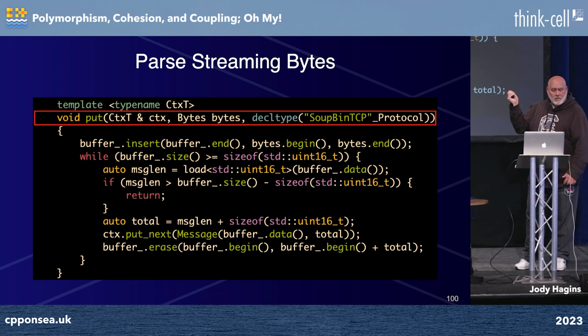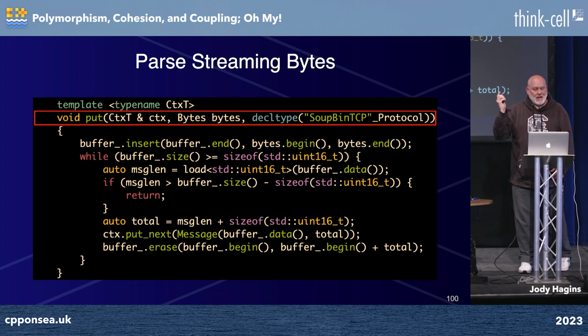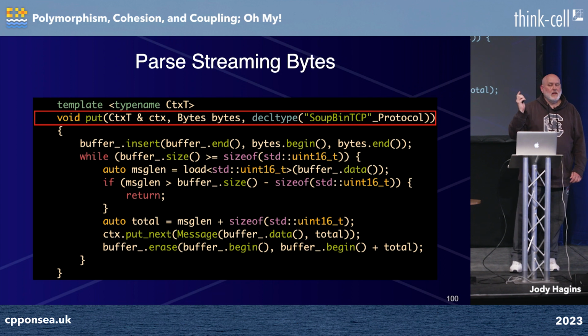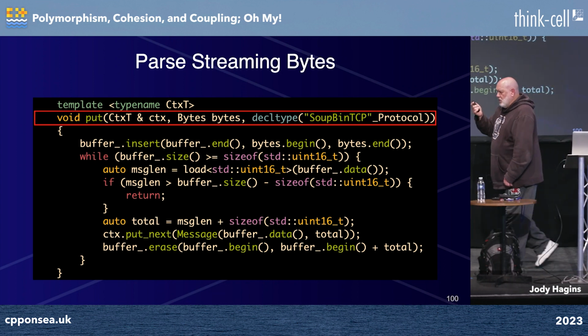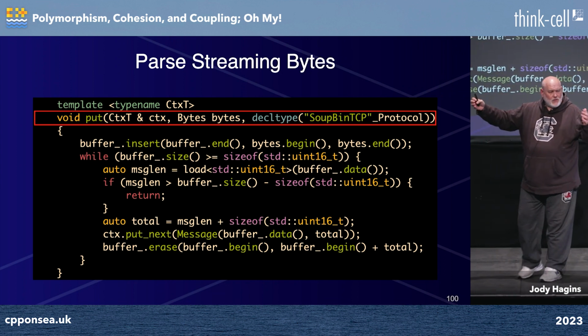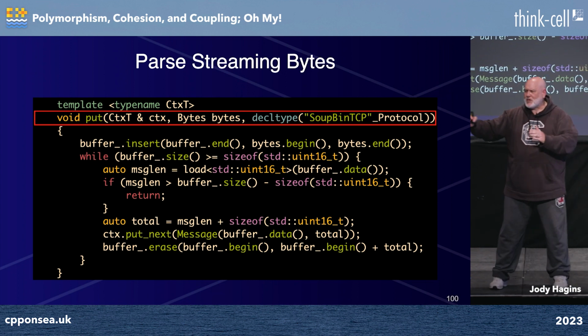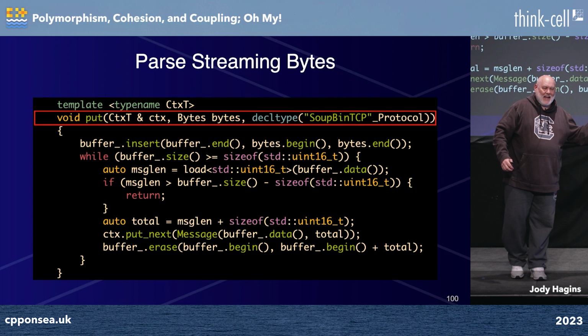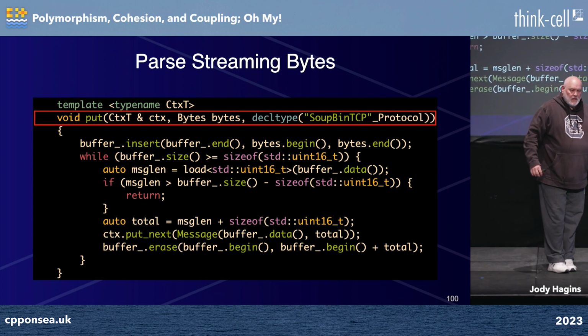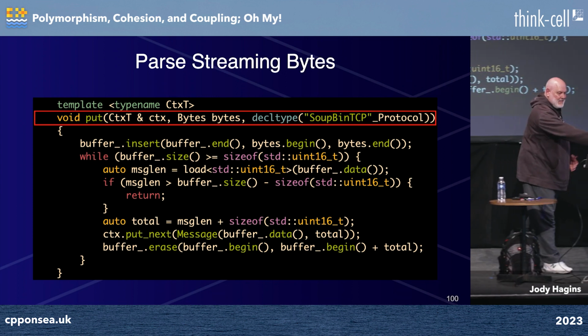And notice this here. It takes the decltype of SoupBinTCP. Remember the long thing that we had to do with decltype in that example earlier, where we had to say decltype, do you have this compression flag? Well, this is a tag that we're just passing as a value. And so the framework will just match this tag.